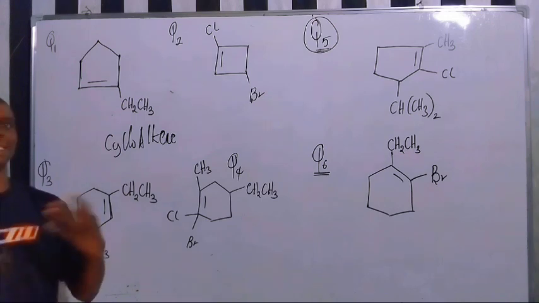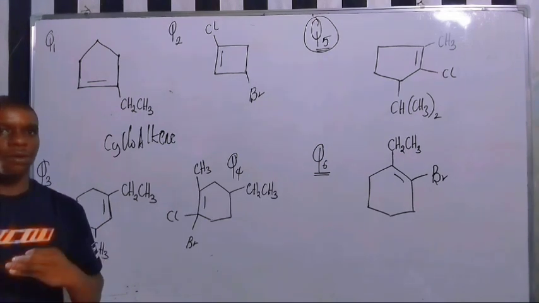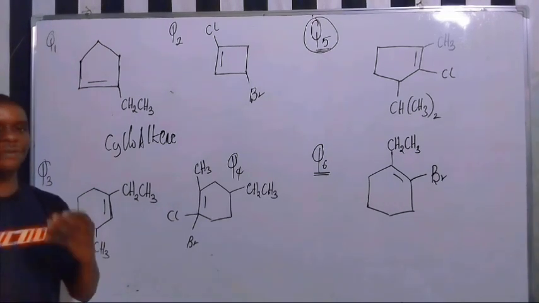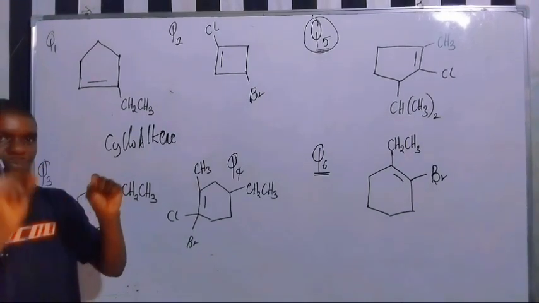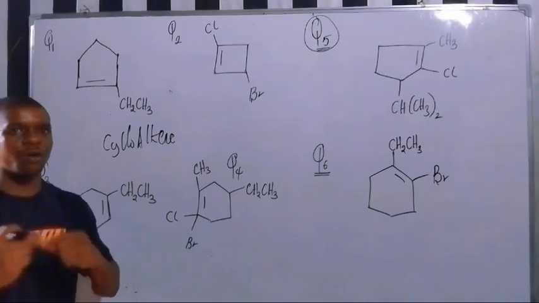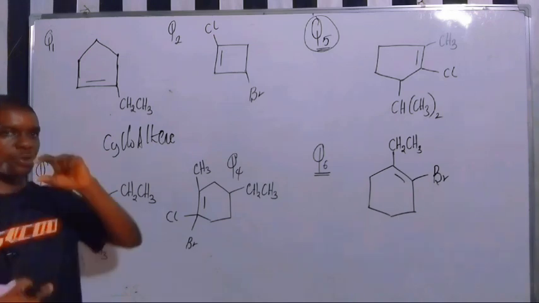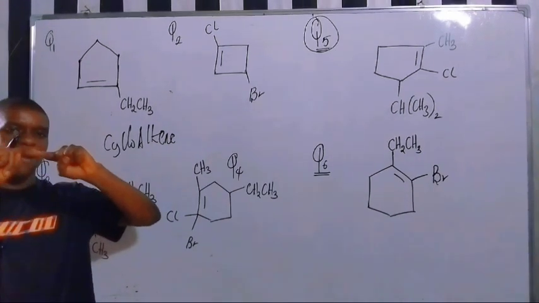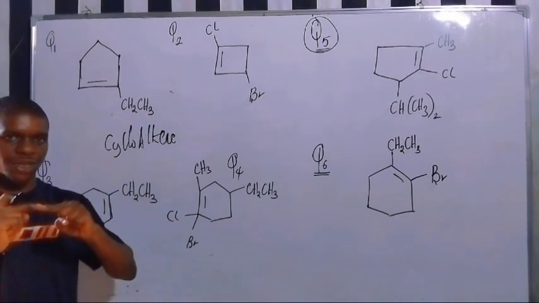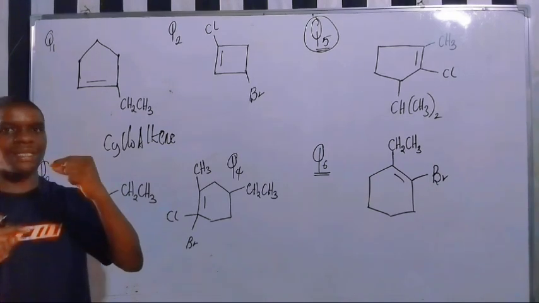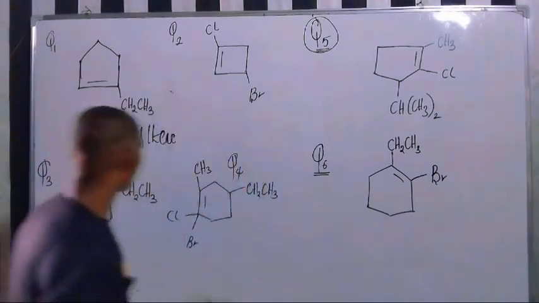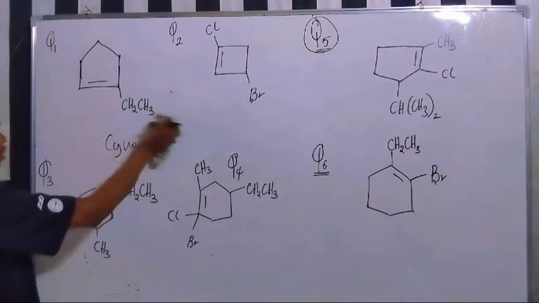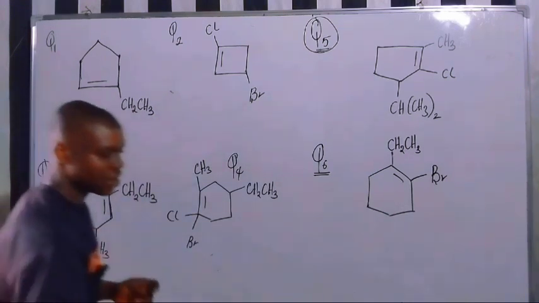So it's going to be cyclopentene, because the five-carbon member is called pent, right? Since there are 5 carbons in a closed chain and it has a double bond, it's going to be cyclopentene.